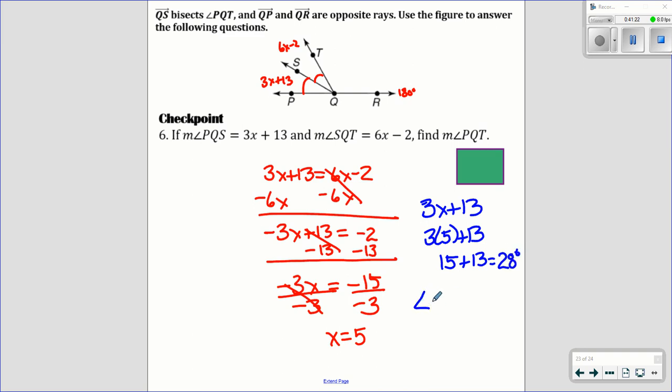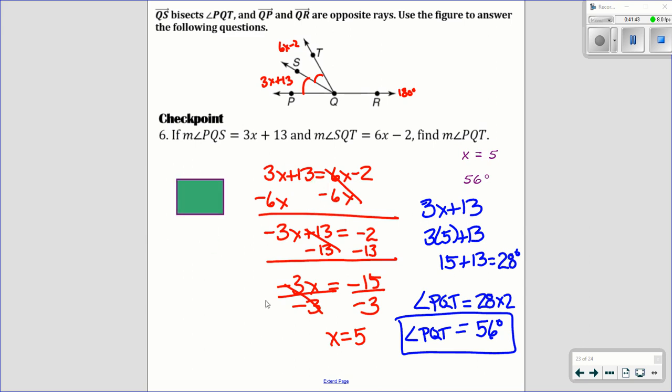And for angle PQT, I'm going to double that up, and that will give me 56 degrees. There you go. So that's dealing with angles.